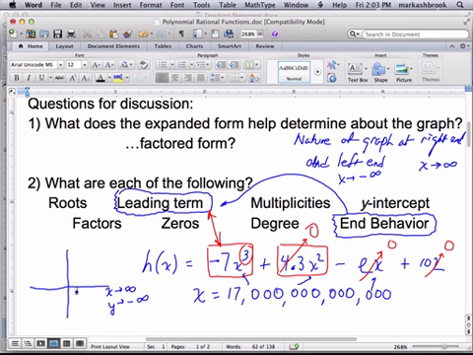Negative. So what does that look like? As we go way out to the right, the graph will go down. That's the right end behavior for this negative 7x cubed, because a large x cubed will be positive, but then we'll multiply it by negative. Okay, what about very, very large over here, is our x going to negative infinity?